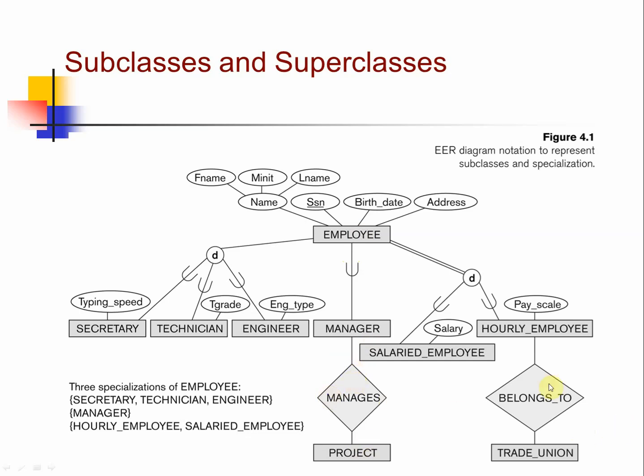It's the same thing: hourly employee is not trade union. They are two different things, so they are connected through a relationship. And that is a very big difference between superclass and subclass, because subclass are entities in the superclass.